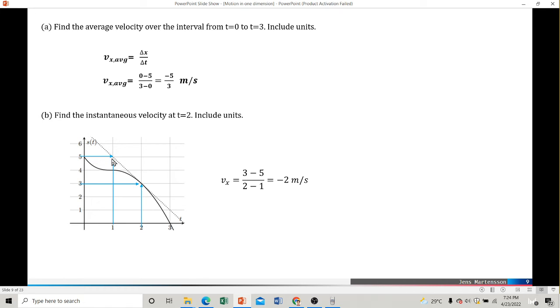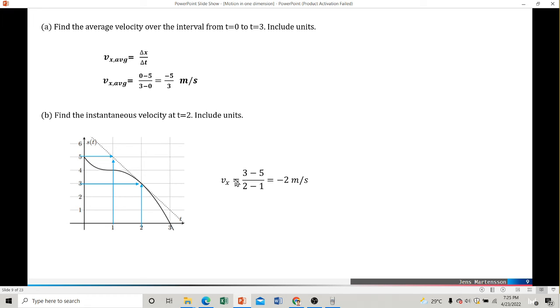Go back to your analytic geometry, to get the slope of a line between two points. So we can use this to get the instantaneous velocity. Here is 2 and 3. Here is 1 and 5.